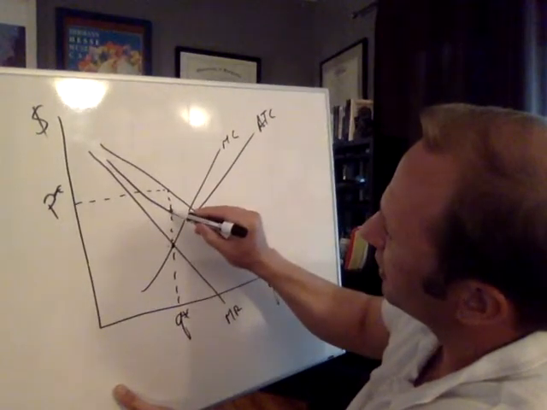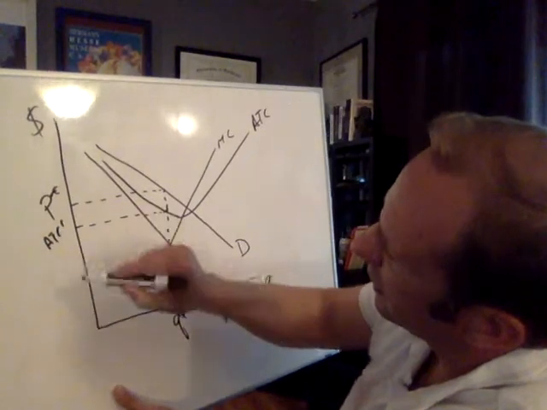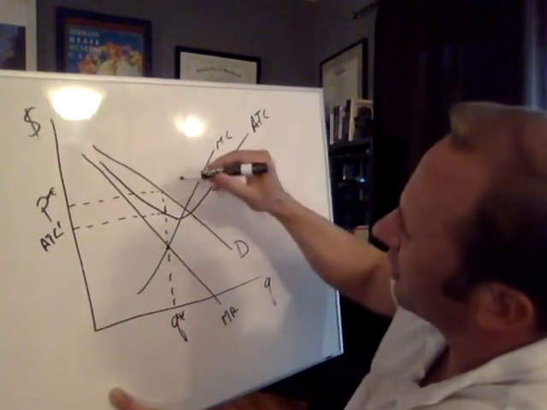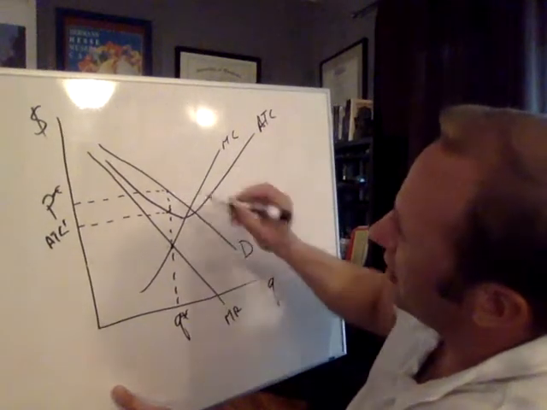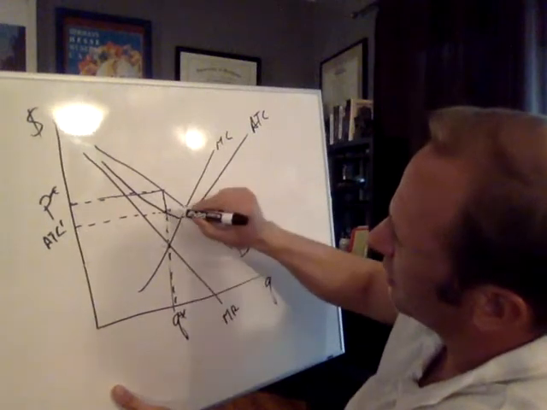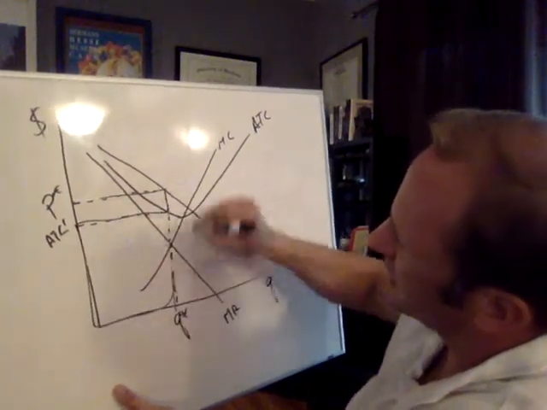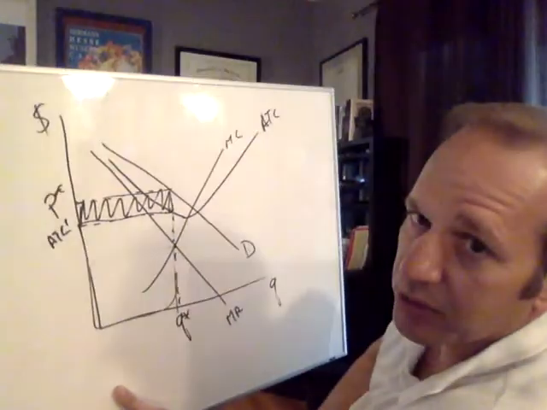Here's their cost per unit. So this firm is doing well. They're earning an economic profit, right? That's total revenue minus total cost, which is this rectangle. This up here is economic profit. So there's a monopolistic competitor doing well.